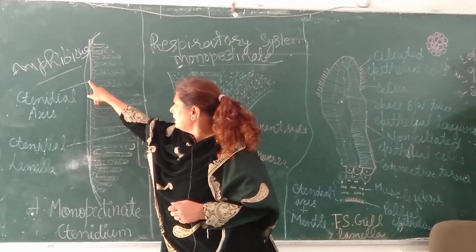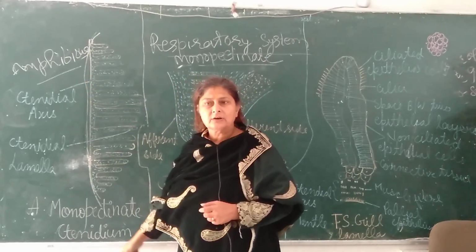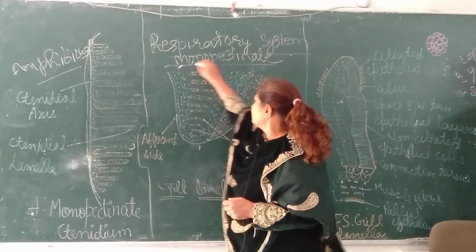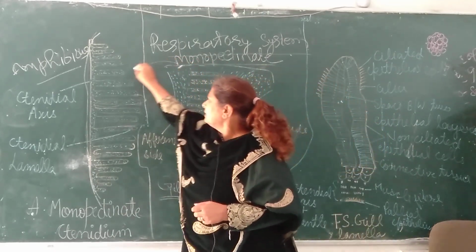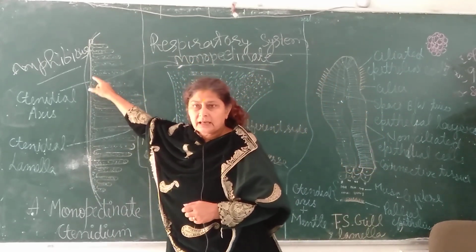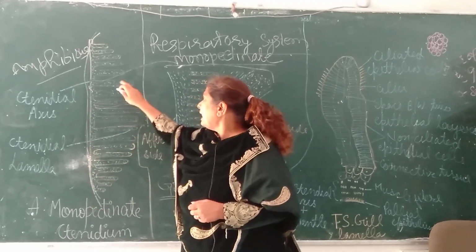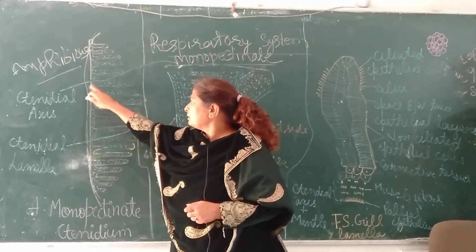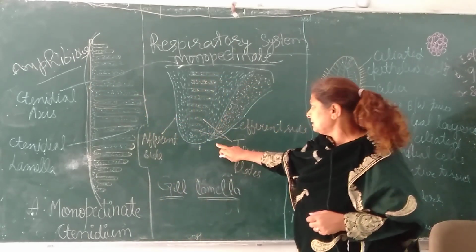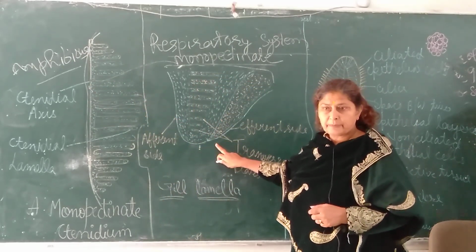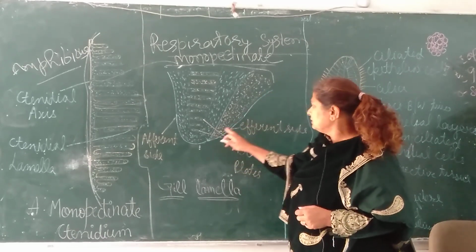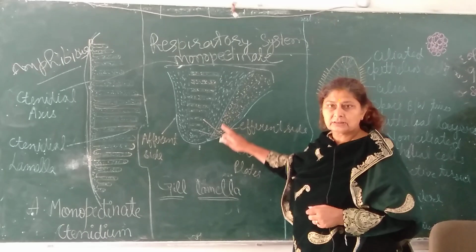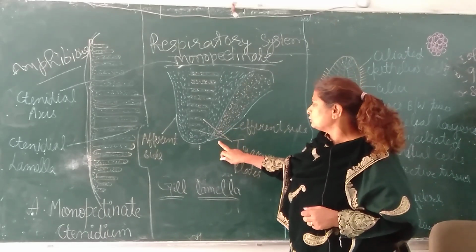And the portion away from the central axis is triangular in shape, the free hanging portion.